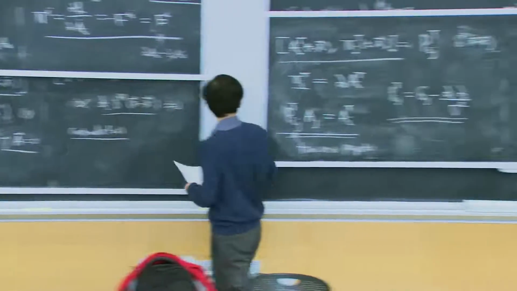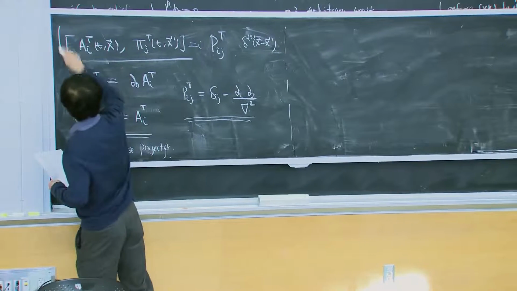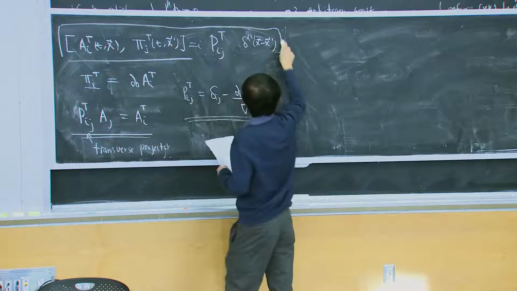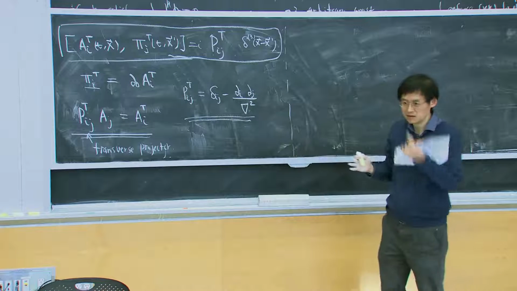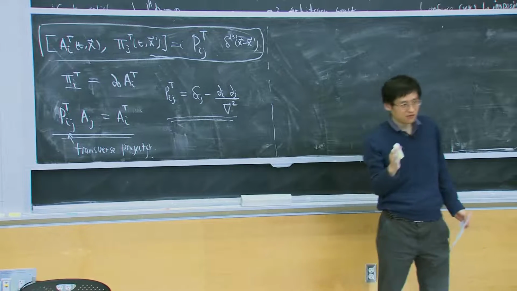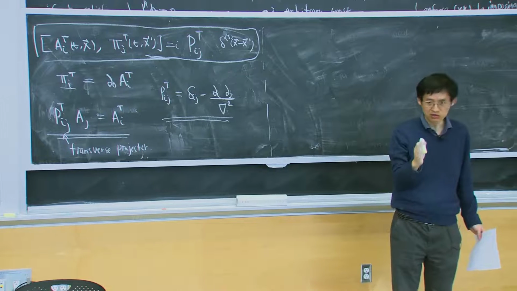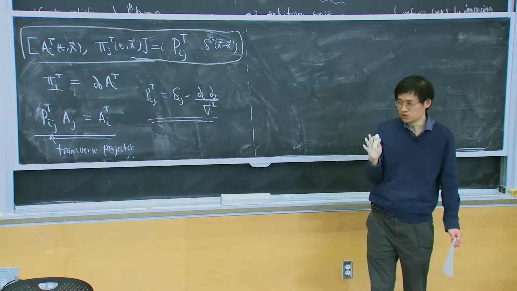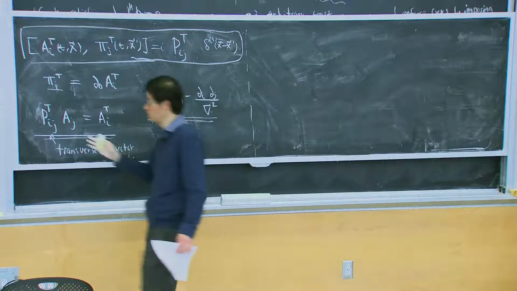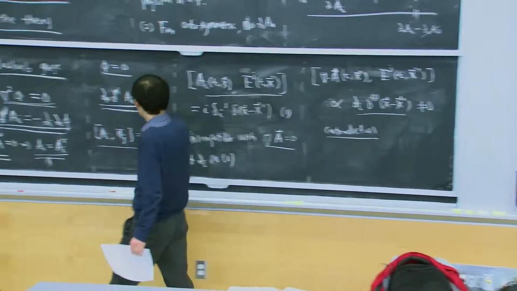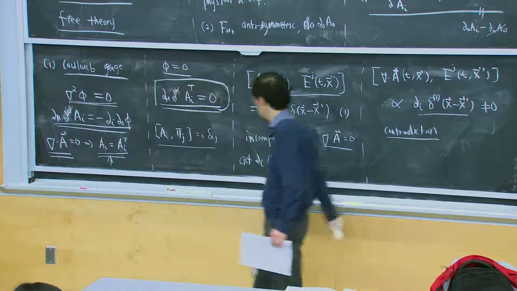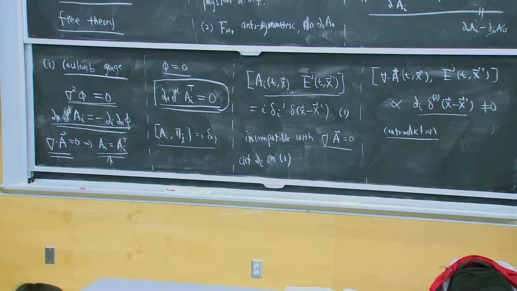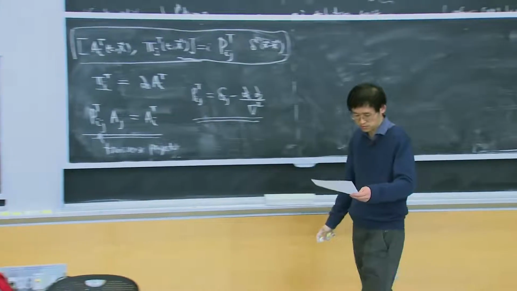So this is now our canonical commutation relation. Now we only quantize the physical degree of freedom, the transverse degree of freedom, and everything else we don't worry about. The transverse part just satisfies the standard massless equation of motion.